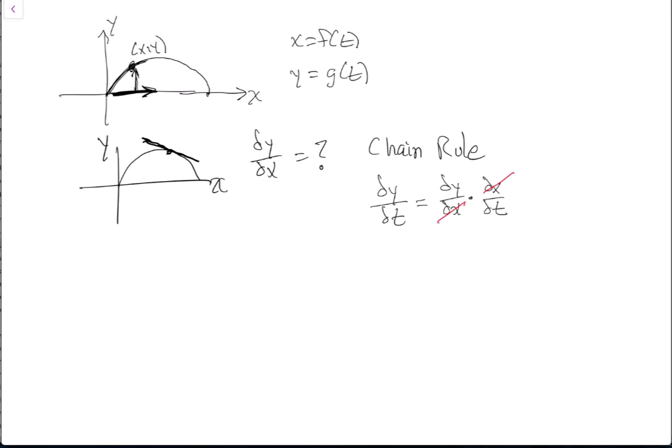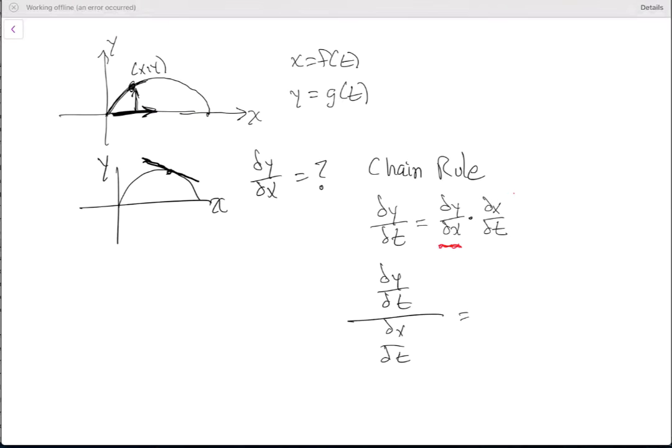Without any major derivation, this really comes from the chain rule. What I'm looking for is dy/dx, so I'm going to divide both sides of that equation by dx/dt, and there is my formula for finding dy/dx.